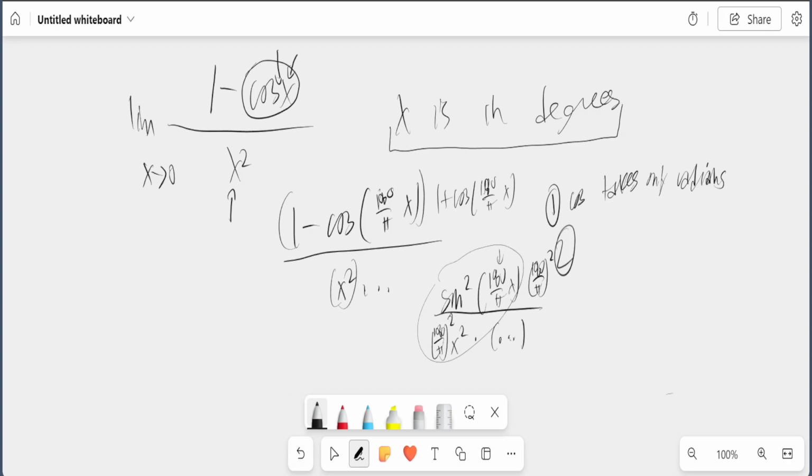Because if x is 360, actually that's a bad way to say it. How do I explain this? If x is in degrees, is equal to, how do I do this?